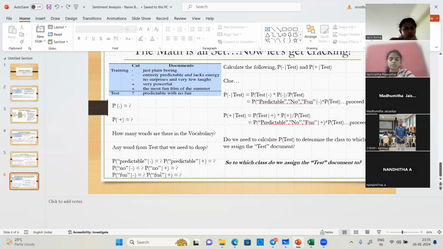After Laplace smoothing, 1/29. Probability of fun given positive. Before Laplace smoothing, 1/9. After Laplace smoothing, 2/29. Now you have every piece needed for that calculation.